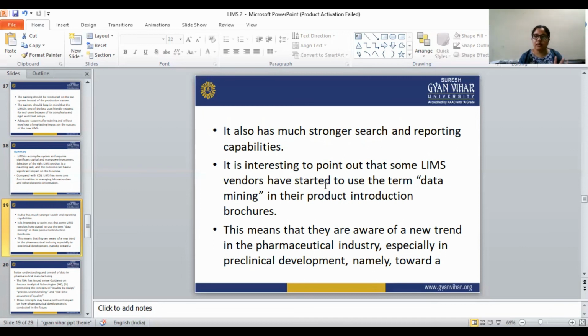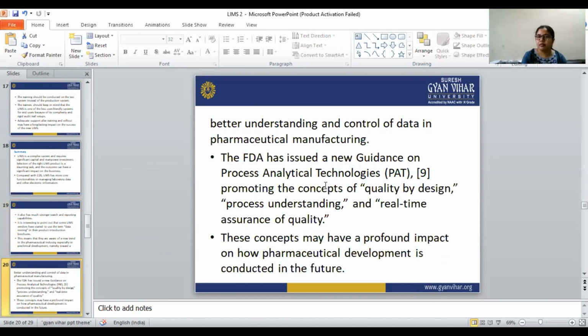So some vendors have started to use the term data mining in their product introduction brochures. This means that they are aware of a new trend in the pharmaceutical industry, especially in preclinical development, namely toward a better understanding and better control of the data in pharmaceutical manufacturing.